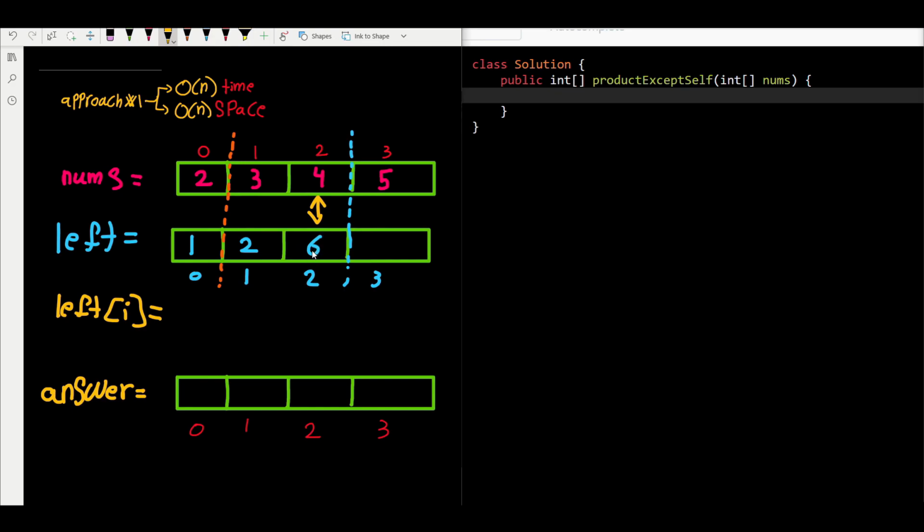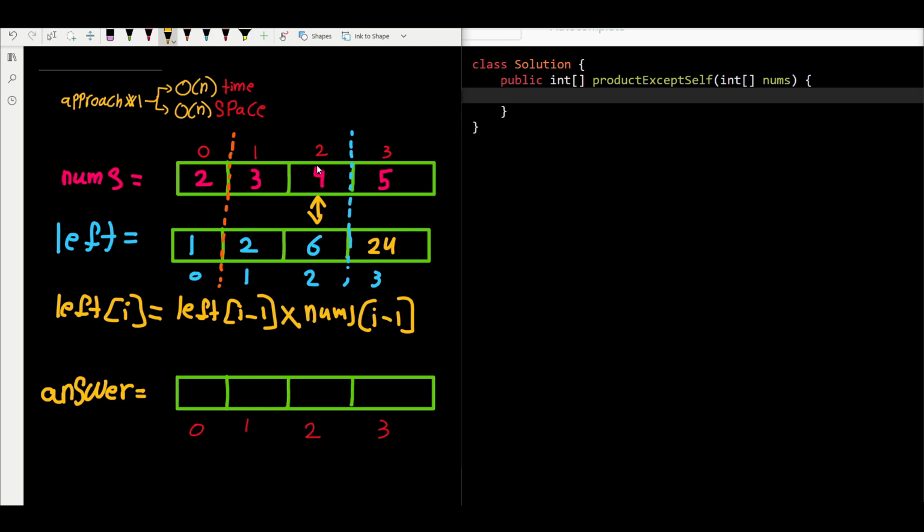Because this 6 is the product of all the numbers to the left of index 2, which is the product of 2 times 3. And the only thing remaining is the 4 to get 2 times 3 times 4, which is 24, that we will fill out here. So the left at index I equals the left at index I minus 1, which is this, times the nums at index I minus 1, which is this.